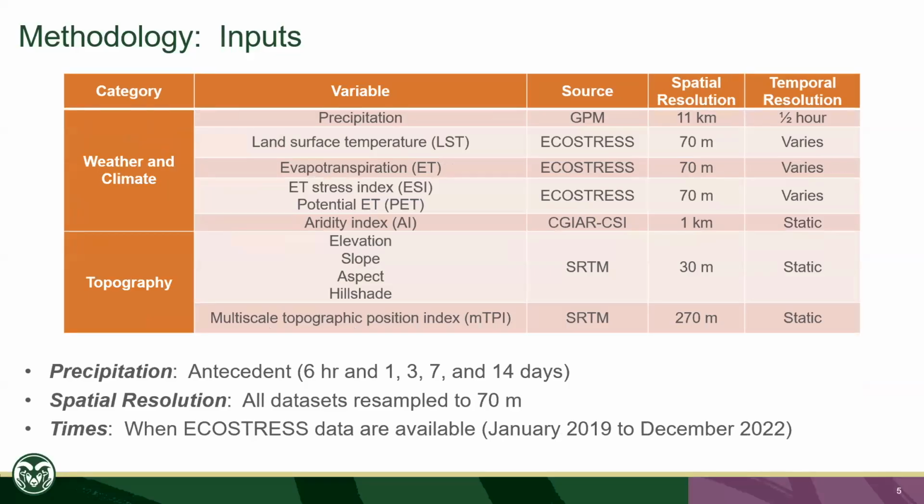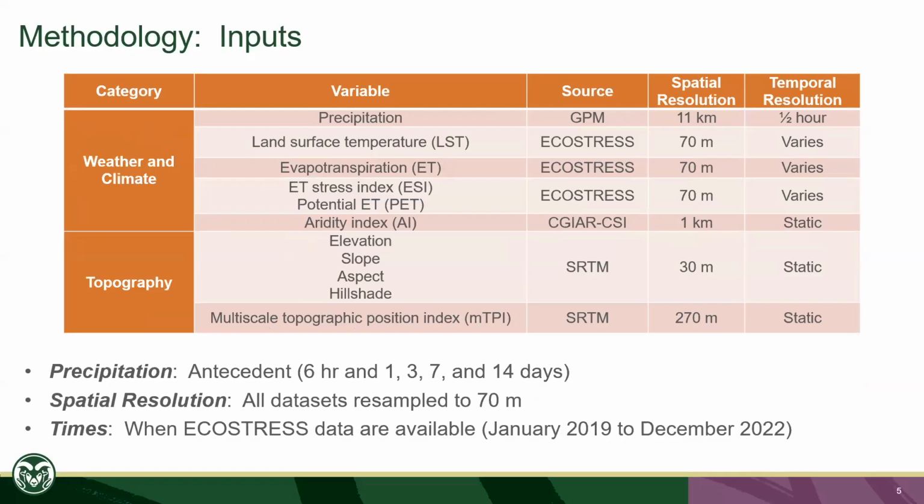We also fed in weather and climate data. So we're using precipitation from GPM, the IMERG product. And again, we consider several durations of antecedent precipitation as potential predictor variables from 6 hours up to 14 days. We also use several products from ECOSTRESS that are related to evapotranspiration.